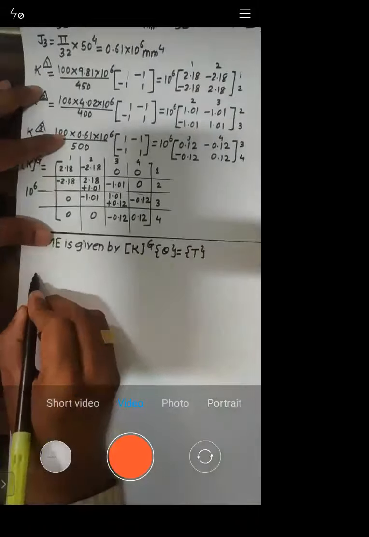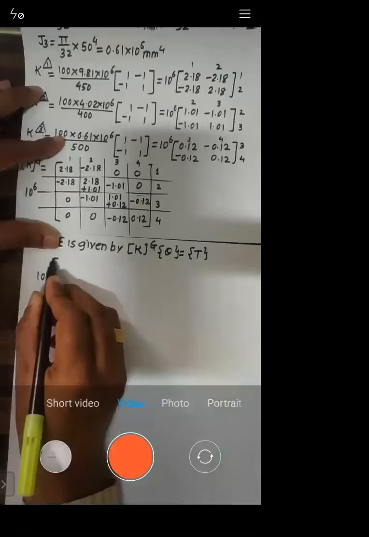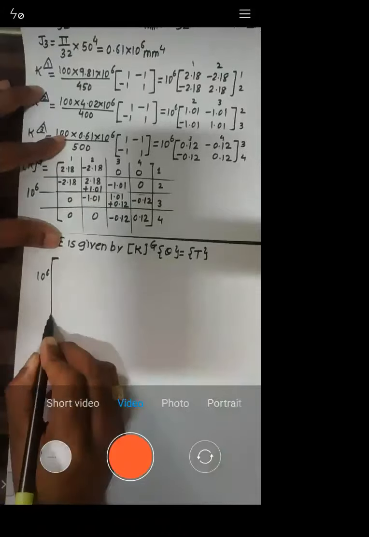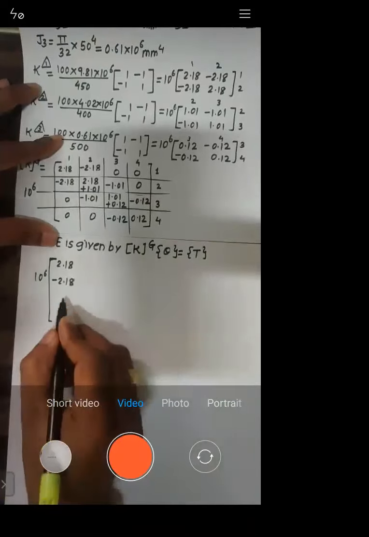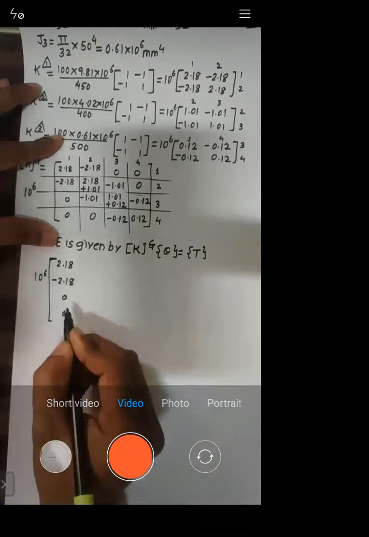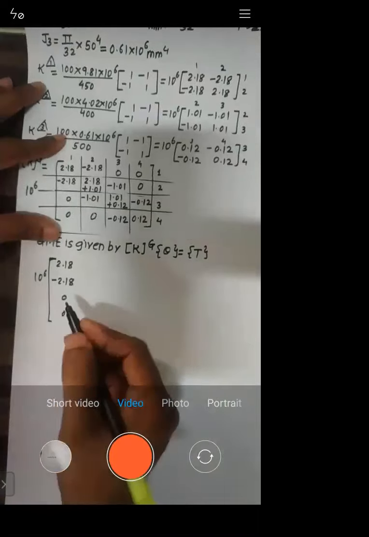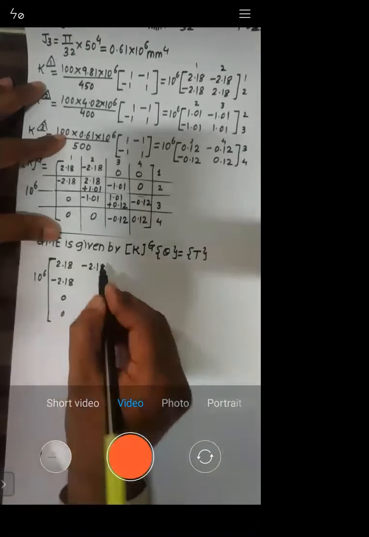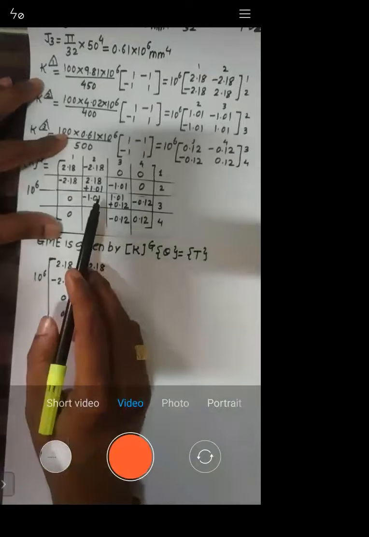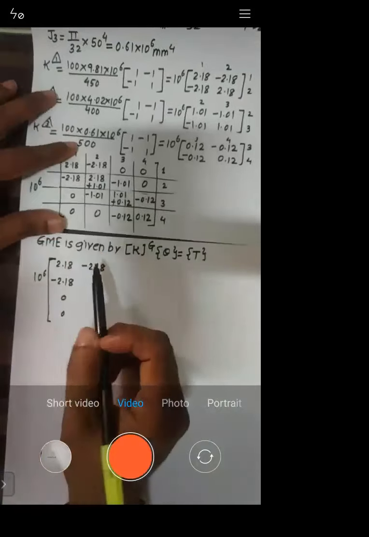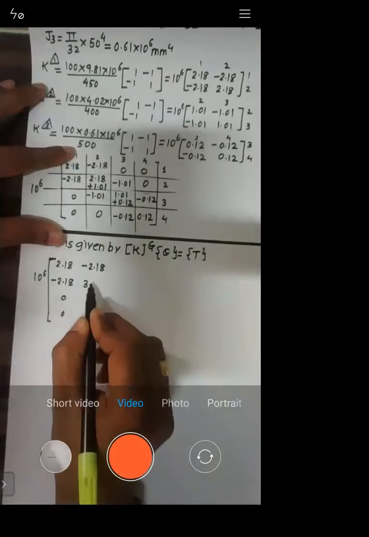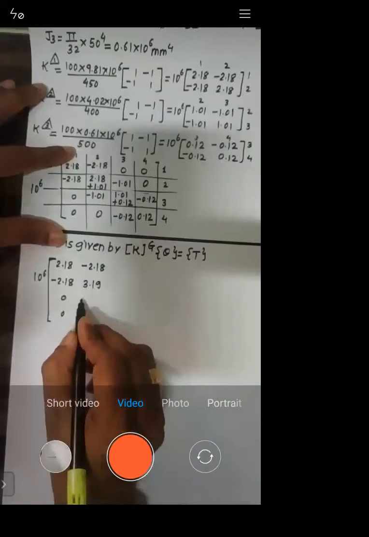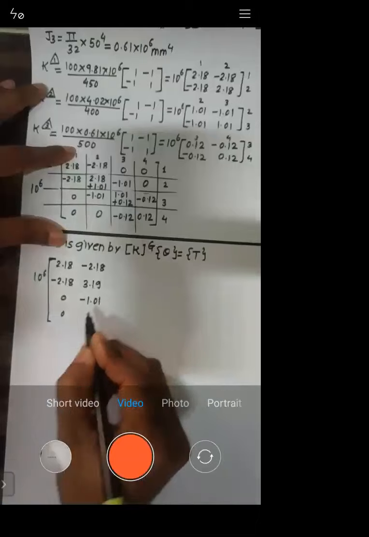I'll take 10 to the power 6 common. I will put here 2.18, minus 2.18, 0, 0. Then minus 2.18. Tell me how much this one is? 2.18 plus 1.01, that is 3.19. Then 3.19, minus 1.01, 0.